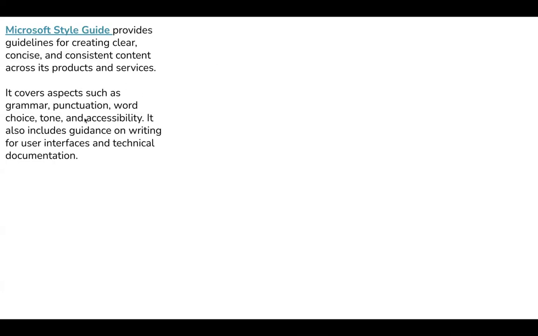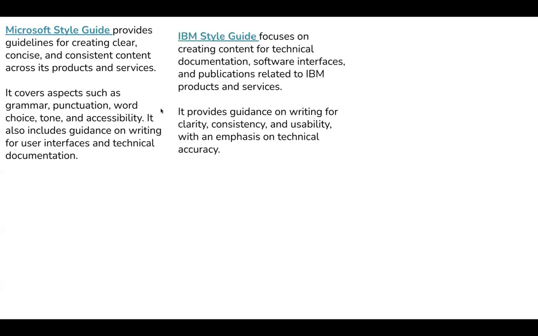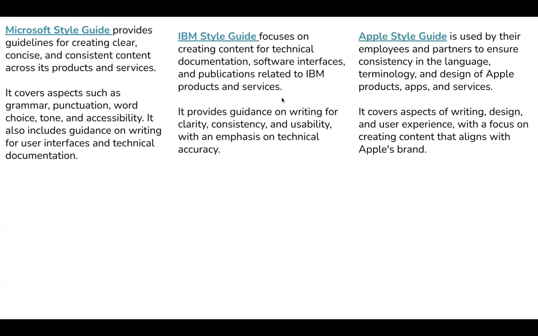So the Microsoft style guide is a popular one. Then we have the IBM style guide, which also focuses on technical documentation, software interfaces, and publications related to IBM. It provides guidance on writing for clarity, consistency, and usability with an emphasis on technical accuracy. So you can use that.